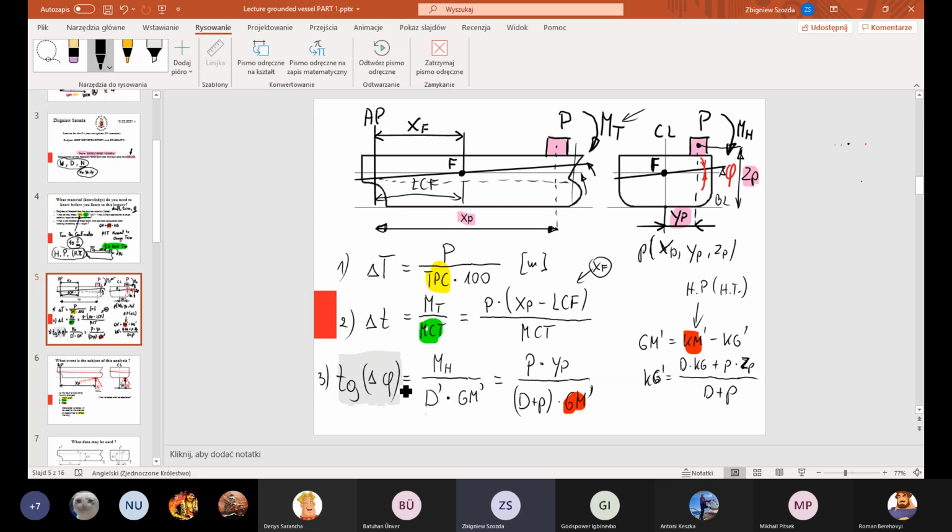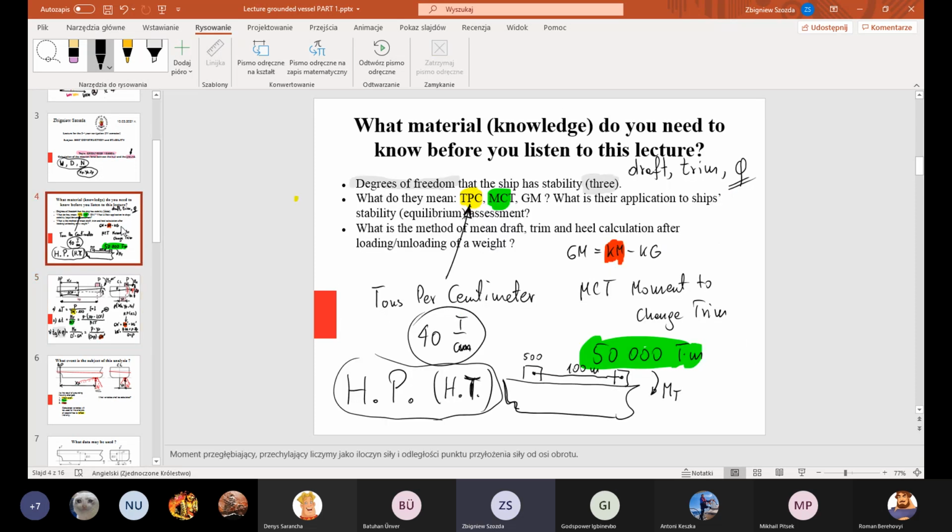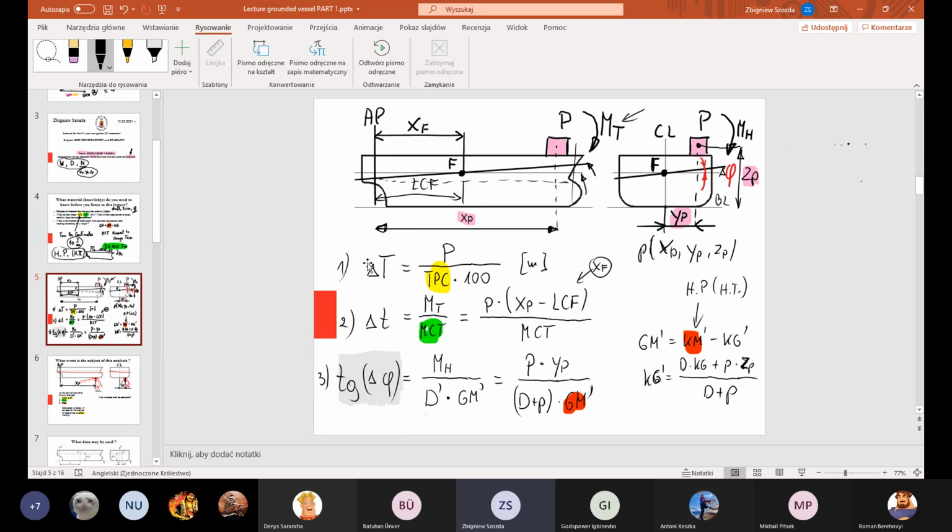Okay. So we did repeat a huge portion of the knowledge with regard to stability. What does it mean? TPC, MCT, GM. We noted the numbers actually are in ship documentation, in particular in hydrostatic tables. And then we used those variables for calculation of change of three degrees of freedom.